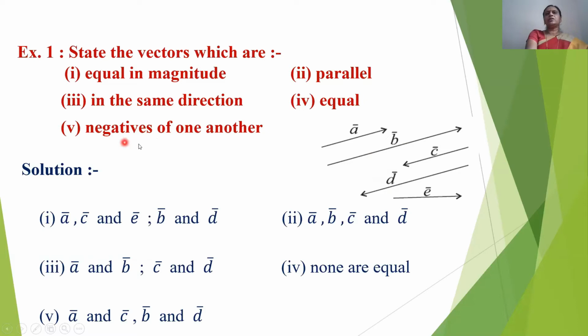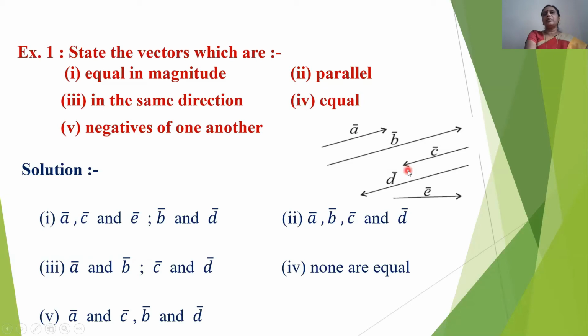Then the question is negative of one another. Which vectors are negative of one another? See, in our first lecture of vectors, we have seen definitions of equal vector, parallel vector, negative vectors. Now negative vector means what? They should have the same magnitude, but the direction is opposite. See here A bar and C bar, they have the same magnitude, but opposite direction.